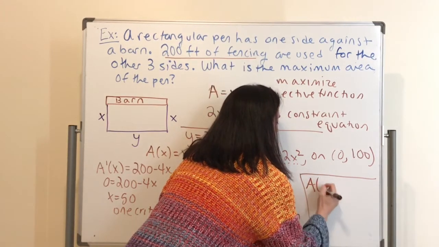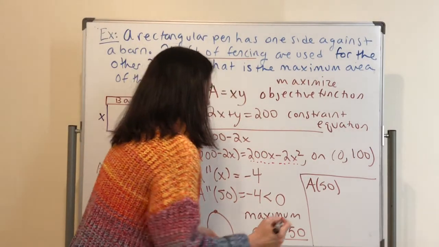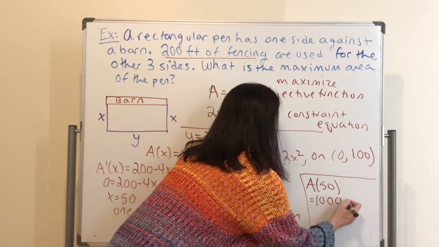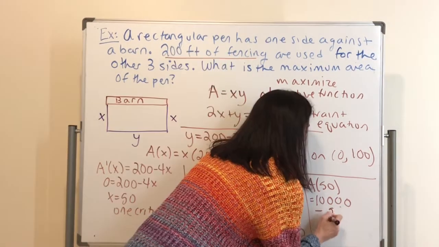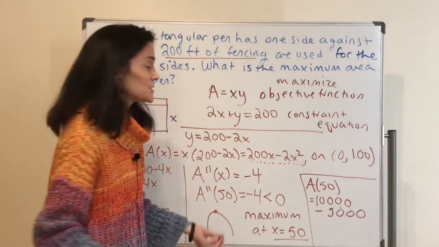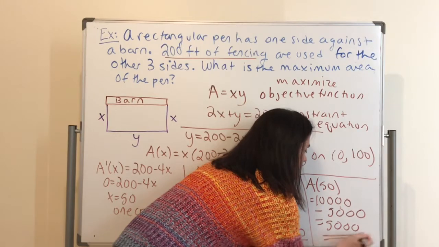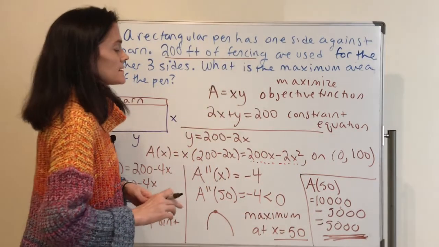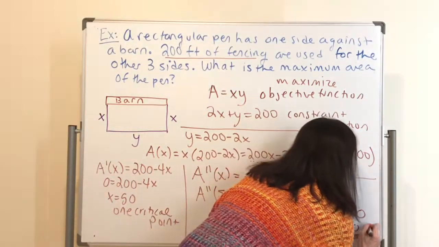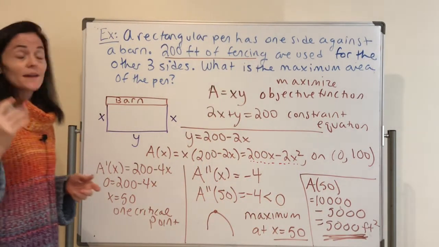The final answer is A of 50, which is 200 times 50, minus 2,500 times 2, and that gives me 5,000. Then we subtract. So this underlined is the maximum area, 5,000, and this is in feet squared. Okay? So this is our final answer here.